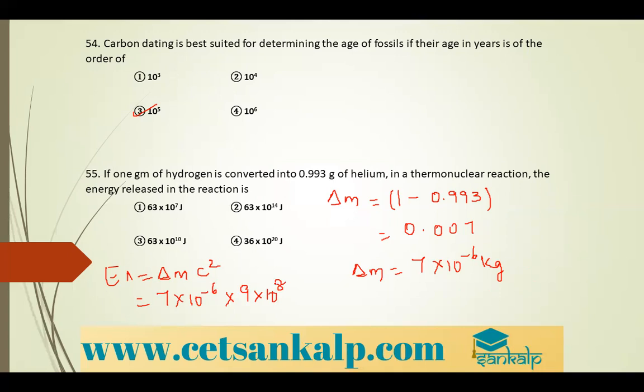Correct? 3 into 10 to the power 8 the whole square, so 9 into 10 to the power 16, and another 63 into 10 to the power 10 joules. So option C, option 3. I hope you are clear.